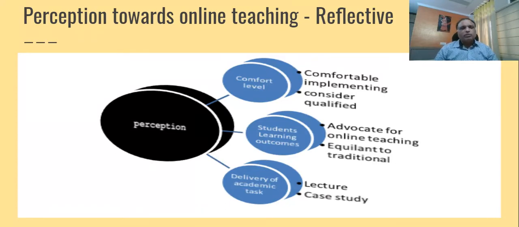So this is a kind of reflective construct where we are taking the teacher's opinion, or their perception, towards online teaching, right? This could be one example of a reflective one, where this indicator, this second indicator, this third indicator, all these items are reflecting on perception. They all are actually measuring perception.